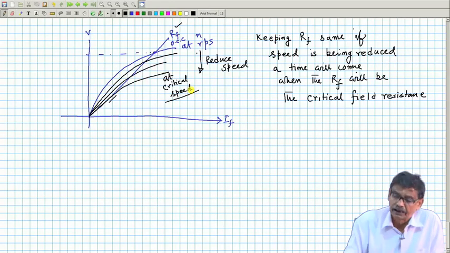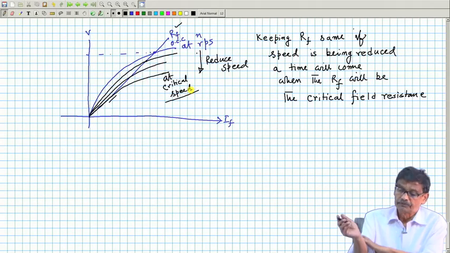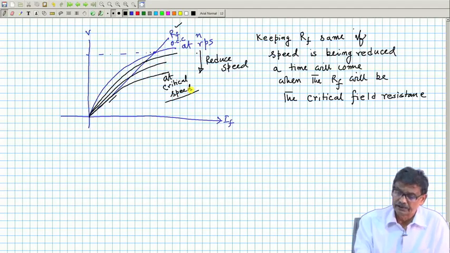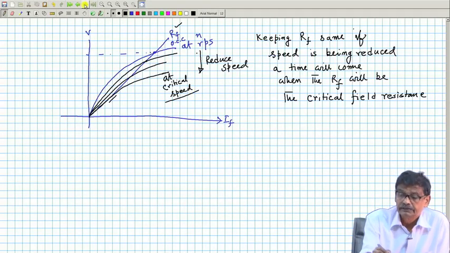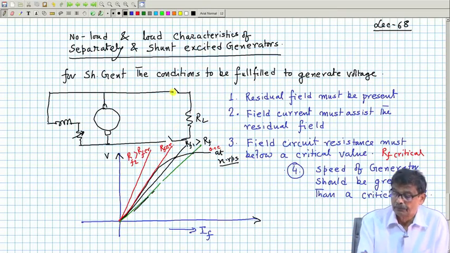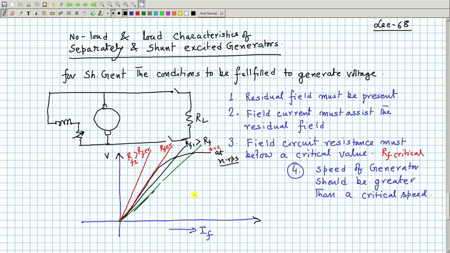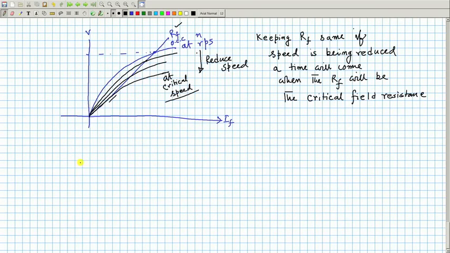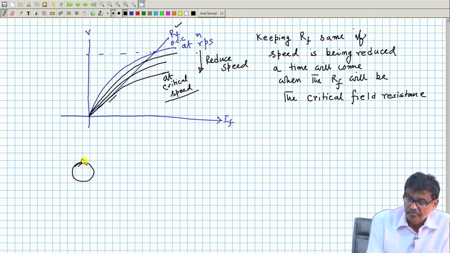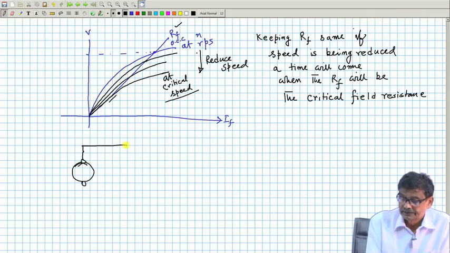So, this is what I wanted to tell. Apart from the fact that last time we discussed a shunt generator, load test will be when you close the switch, and the load characteristics will go like this. So, for a shunt generator, always draw like this.